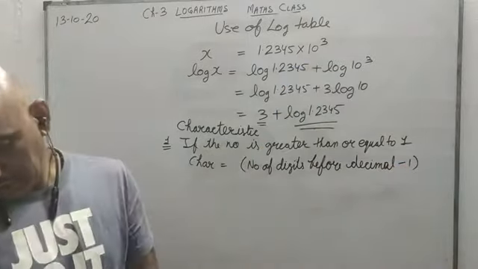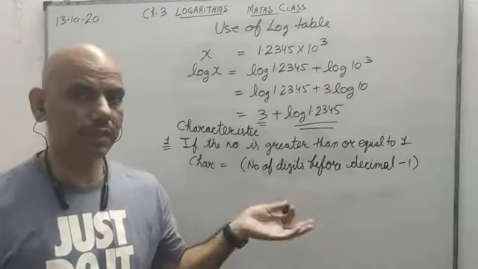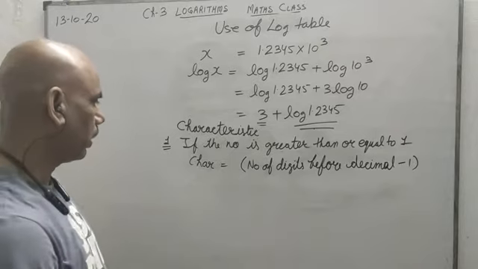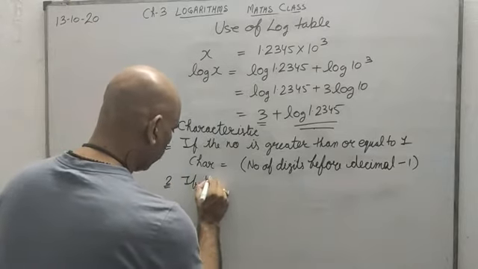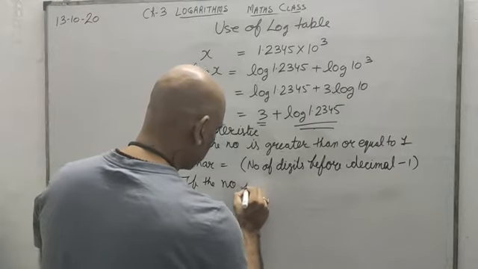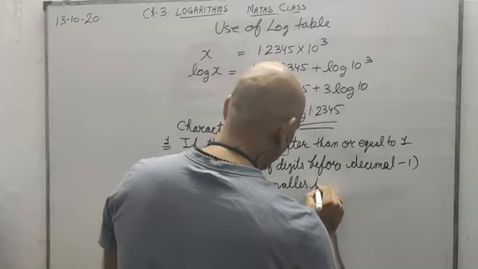Number of digits before the decimal minus 1. Before the decimal means the left side of the decimal. And the second is, if the number is smaller than 1.